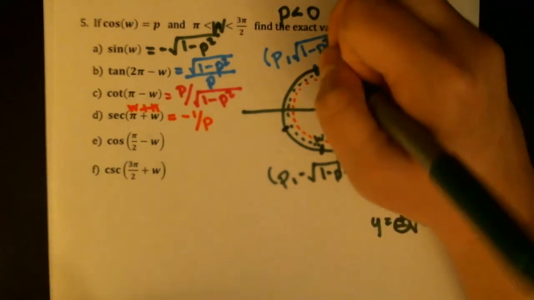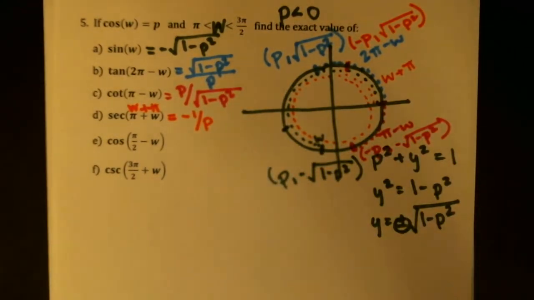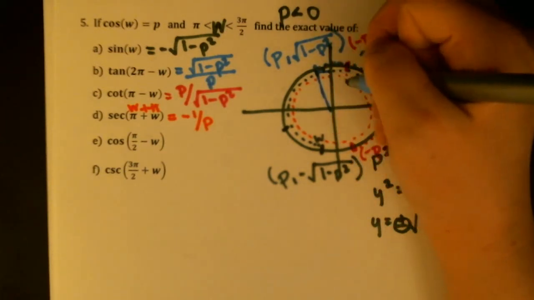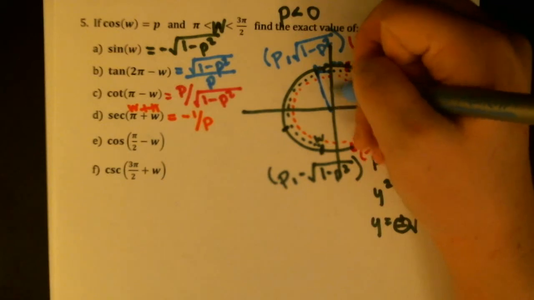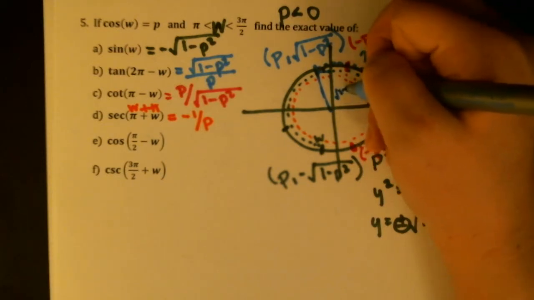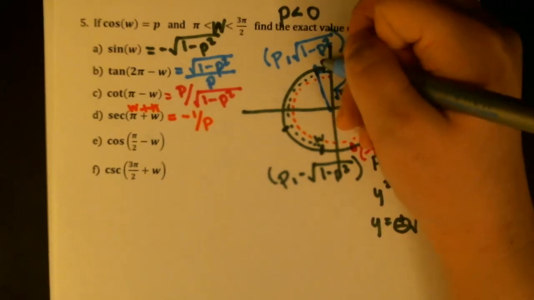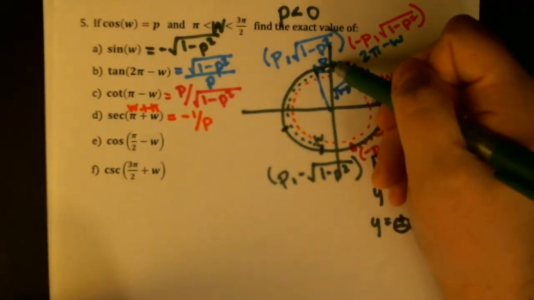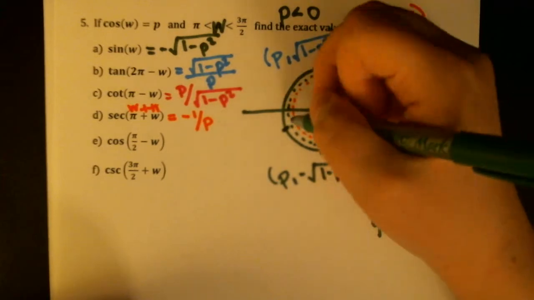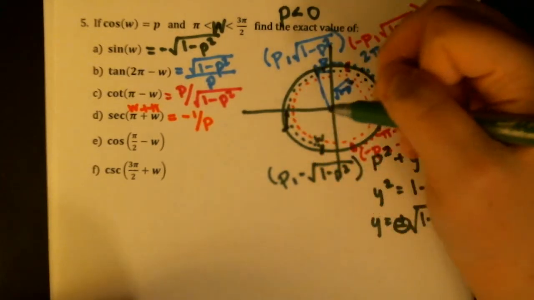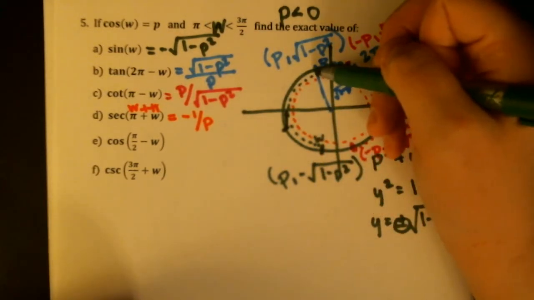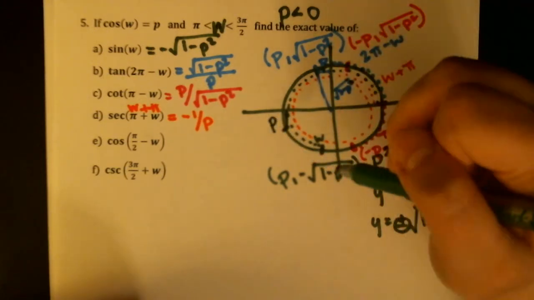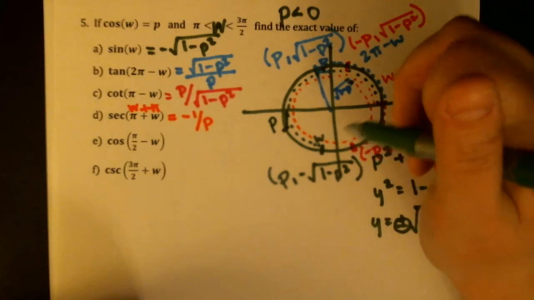So if we look at this triangle right here, for example, you could use others as well, but that one, we know that the y-coordinate is the square root of 1 minus p squared. And the x-coordinate is p. So when we rotate a quarter of the way around the circle, the x-coordinate becomes our y-coordinate. This was a negative x-coordinate represented by p. This is a negative y-coordinate, so it will also just be a plain old p. P is a negative number.